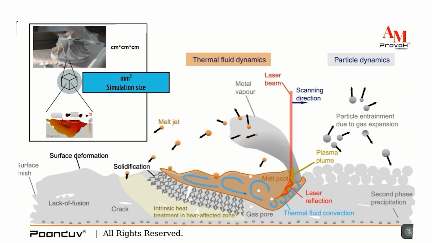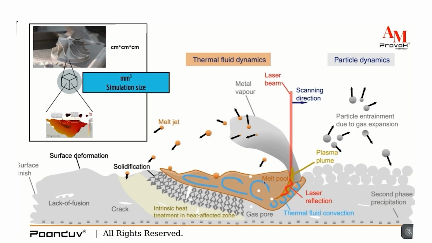And once the temperature reaches beyond the vaporization temperature, the metal can also convert into vapor. And this vapor can play a very important role in creating defects in this build. And hence, a lot of multiphysics is happening at the same time.